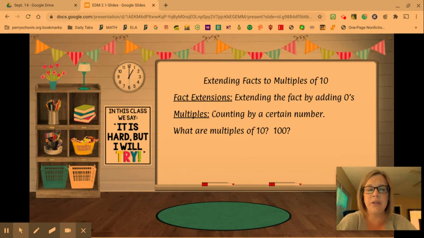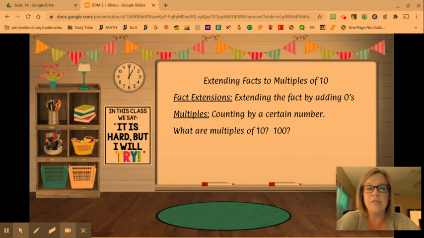So today we're going to be looking at extending to multiples of tens. So fact extensions are extending the fact by adding a 0 at the end or adding another place value. So an extension of 4 would be 40. We're adding the 0 on there, or we're multiplying it by 10 to get to the 40.